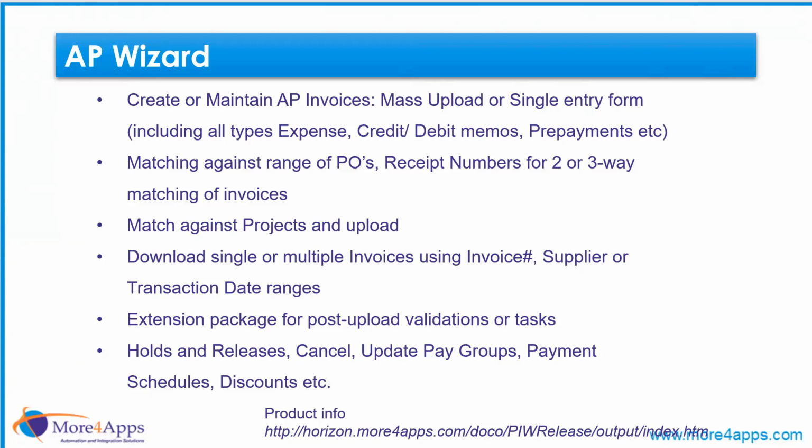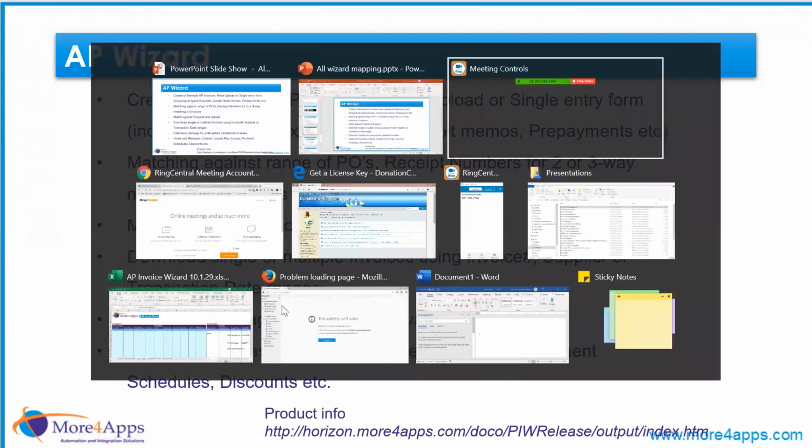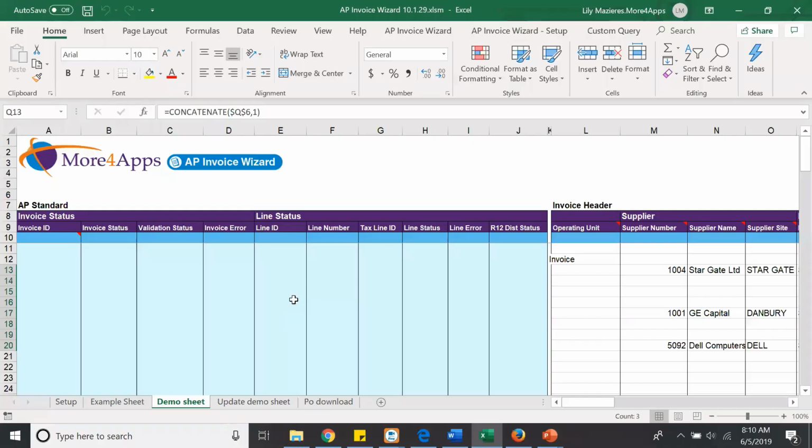And then we have provided an extension package that enables you to do more things on your invoice, like do holds and releases, cancel an invoice, update pay groups, payment method, these kinds of things. So we'll go through all of this today. And then if you have some specific scenario you would like to talk about, we can also do that.